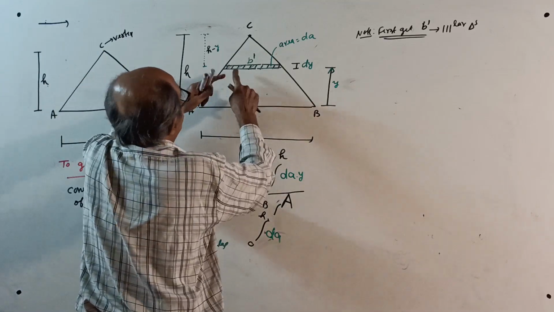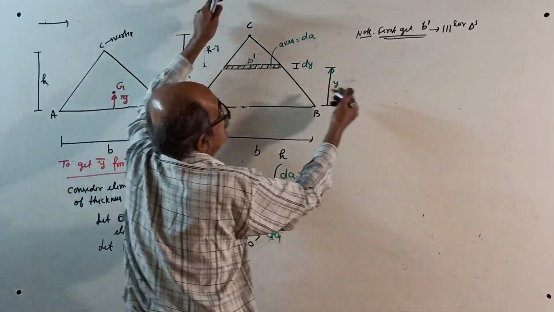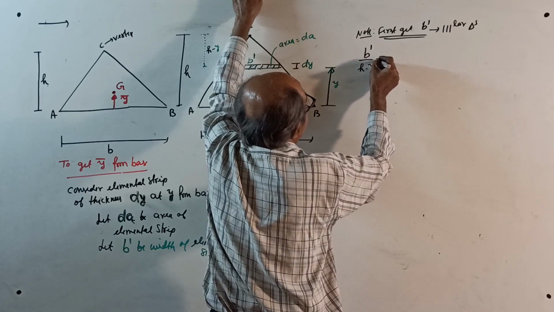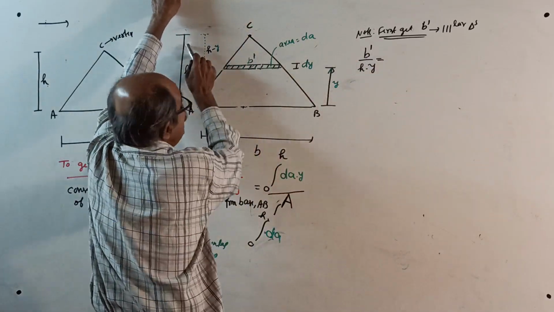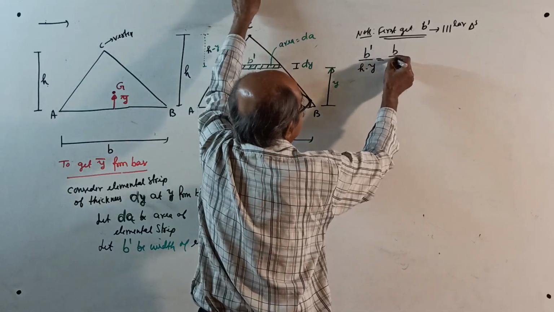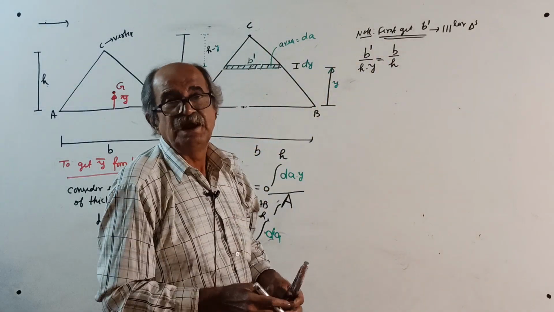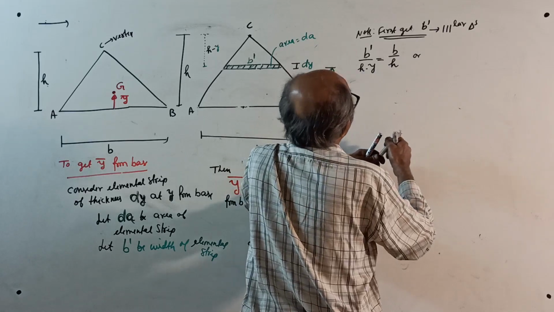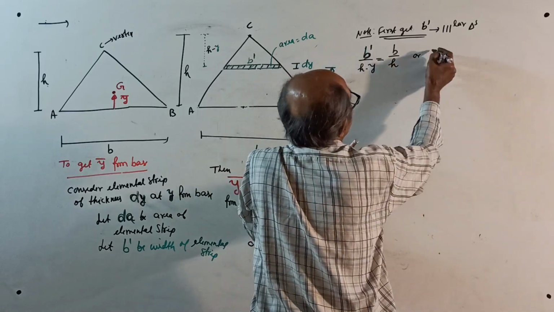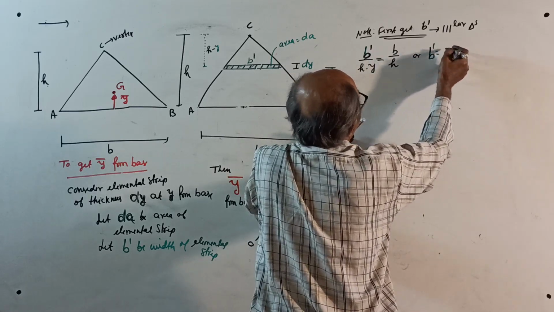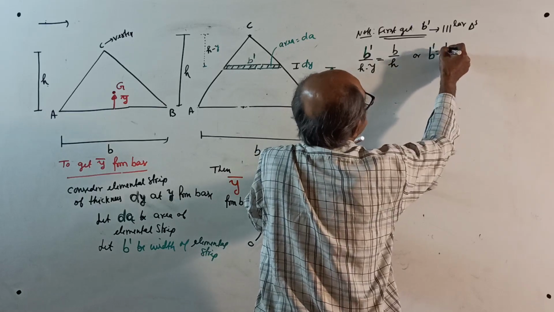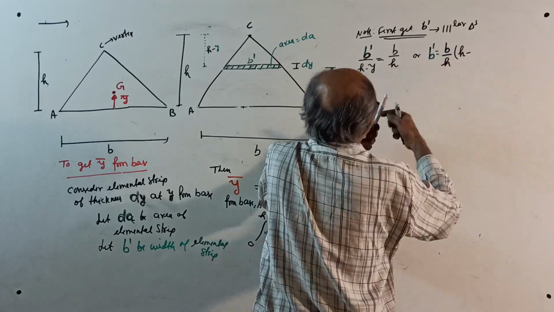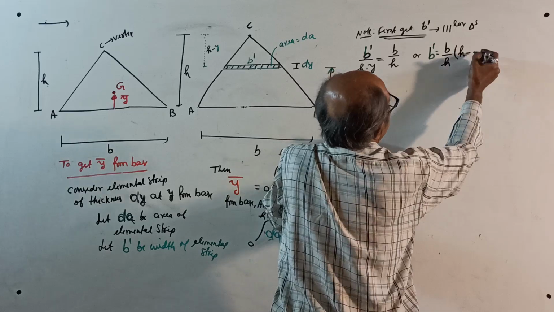Now b dash divided by h minus y equals b divided by h. If this is not clear, you cannot study structural engineering. So your b dash will be b by h into h minus y, since b and h are constants.